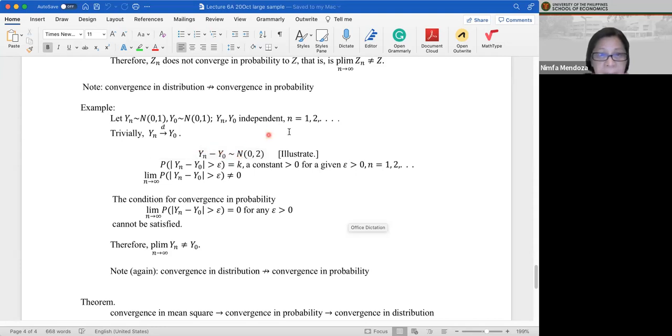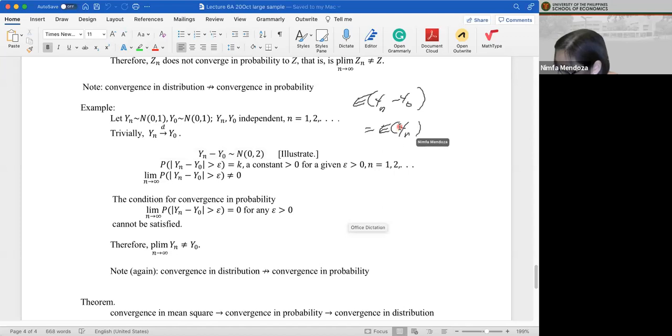The expected value of y sub n minus y sub 0 is equal to the expected value of y sub n minus the expected value of y sub 0. But we get that from here. They're both 0. So the mean is 0.